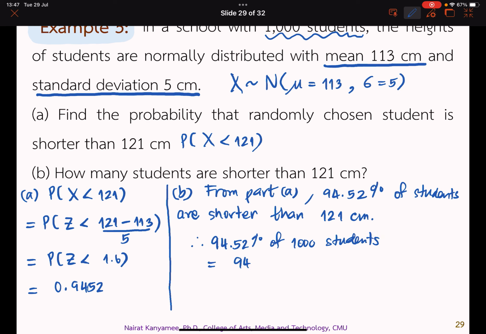equals, percent means out of 100, so 94.52 over 100 times 1,000 students. This gives you 945.2. We write it down as a number of students.